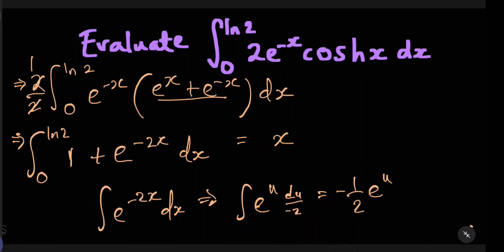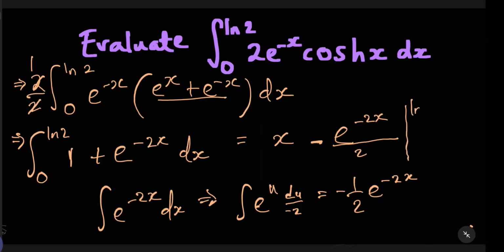So we can wipe this u and replace it with minus 2x. So the integral of this term is this. So we have plus e raised to the power minus 2x all over minus 2. So we can as well just take away this plus, take away this minus, and replace this with minus.